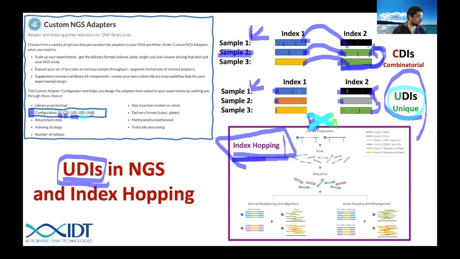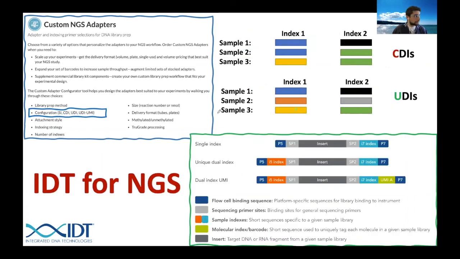The final configuration that you can have for NGS adapters is UDI with UMI. So UDI, same here: for each index, you have unique barcodes to distinguish the sample. You also have the UMI information that we've seen in the previous slide. For example, I usually order primers and adapters from IDT, but you can order from anywhere you want.